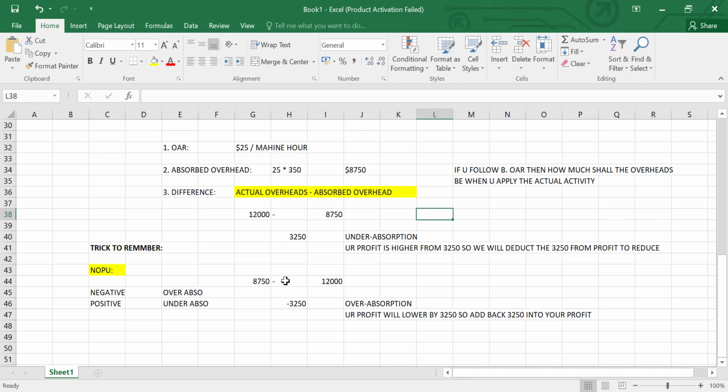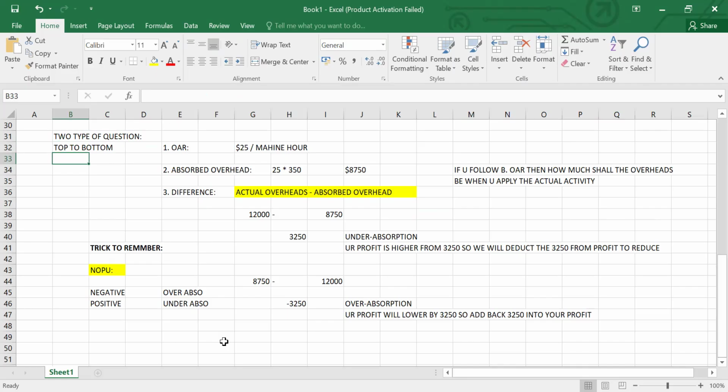You can get two types of questions in the exam. The first is the top to bottom approach. This means the same as what I just did in front of you: I started calculations from OAR and went all the way to over or under absorption.